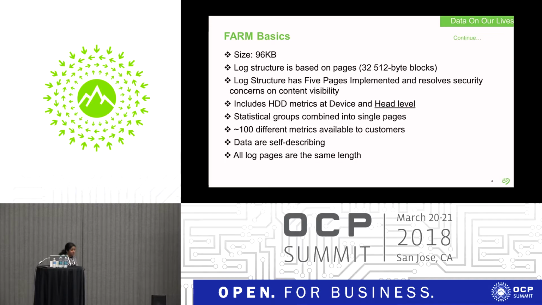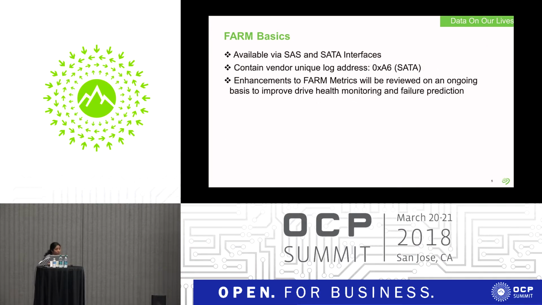The data is self-describing, so we could write a parsing program to look at the metrics, as Seagate can provide that. And all the log pages are the same size, so that's convenient in terms of how to pull the data. The log is available both on SAS interface as well as SATA interface.